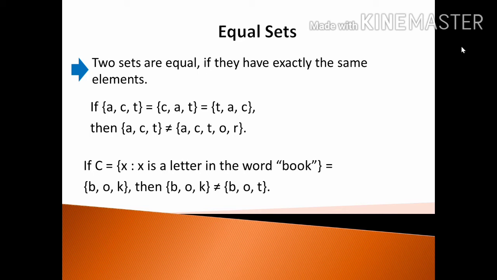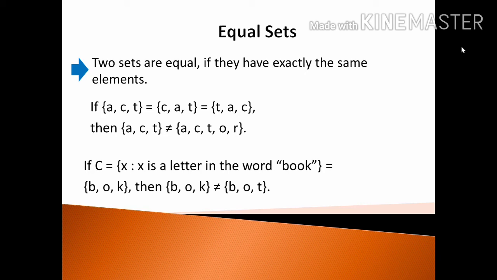According to the characteristic of sets, the elements should be unique and distinct, and the arrangement or order is not important or necessary at all. So we have equal sets. But if the other set has ACT and we have ACTO or actor, obviously they are not equal.